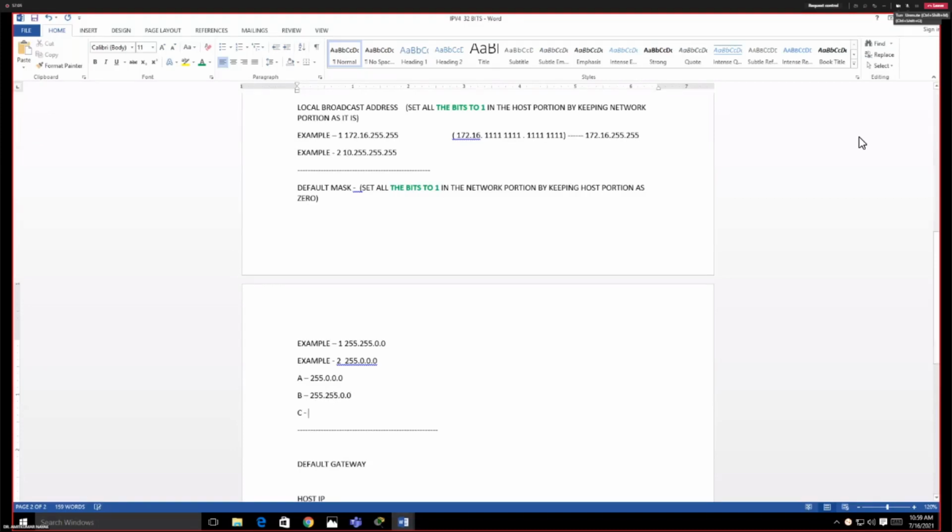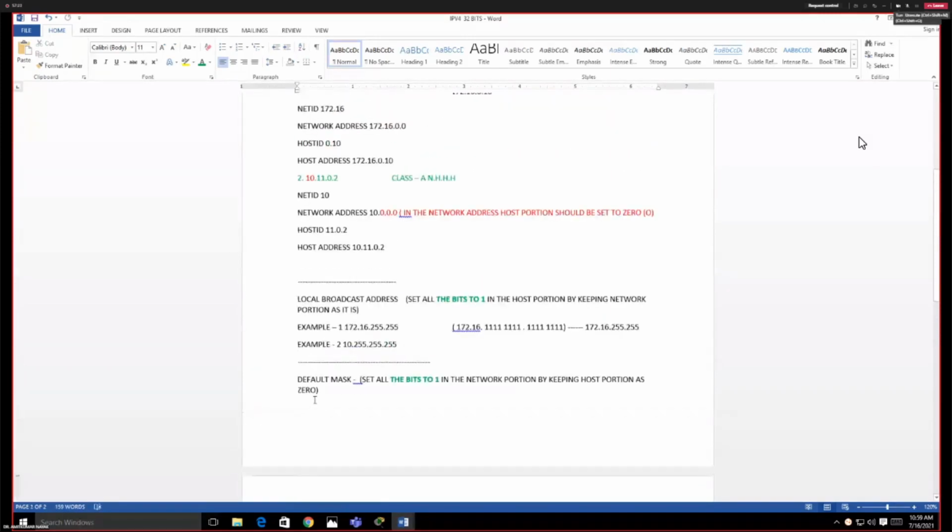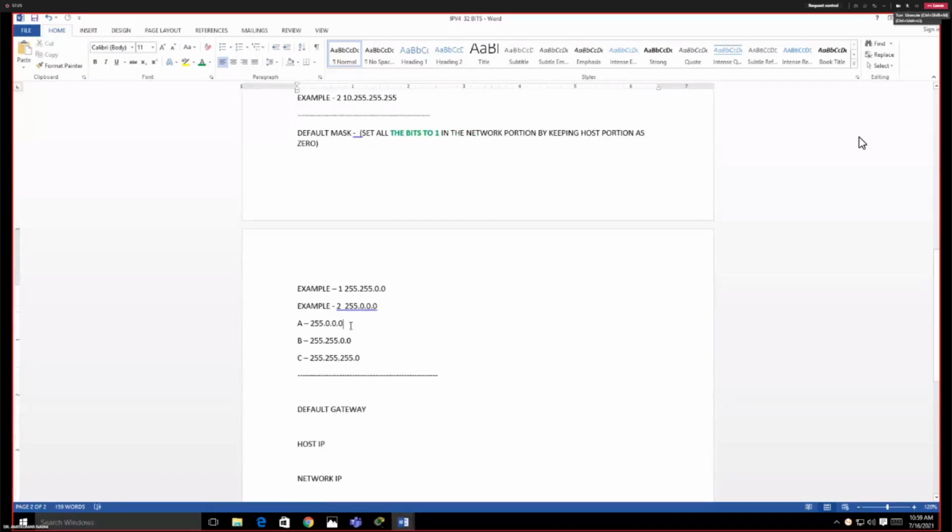And if it is a class C IP address, the default mask value is 255.255.255.0. Yes or no? These are the default mask values for class A, B and C. So if any IP address is given to you, first find the class, and then you can write the value of the default mask. If it is class A, 255.0.0.0. For B, 255.255.0.0. For C, 255.255.255.0.